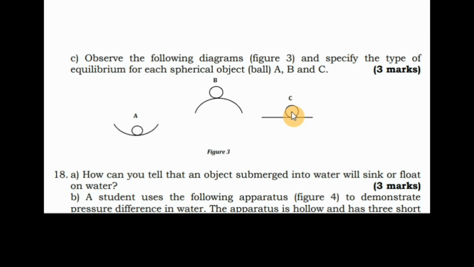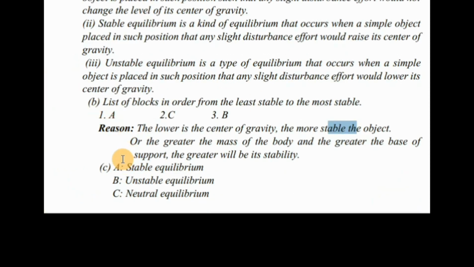That makes C neutral. So A is stable, B is unstable, C is neutral. And those are the solutions for question A, from A up to C. Let us go to question 18.